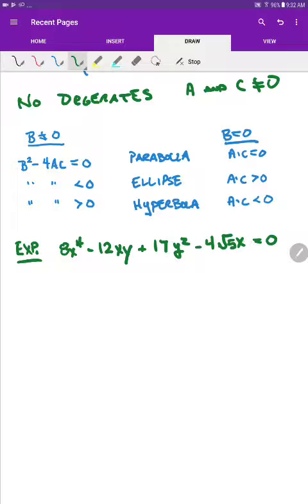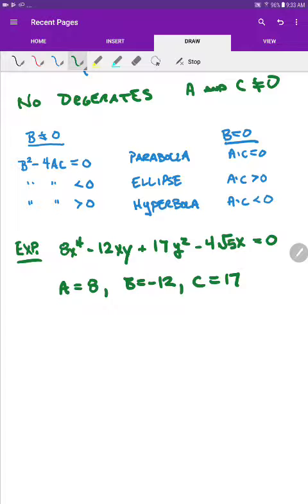The terms might not be in the proper order. You might have to do a little bit of algebra to set things up like this, so you can pull out A equals 8. Here B equals minus 12, and C equals 17.